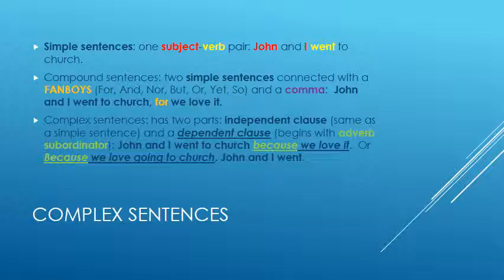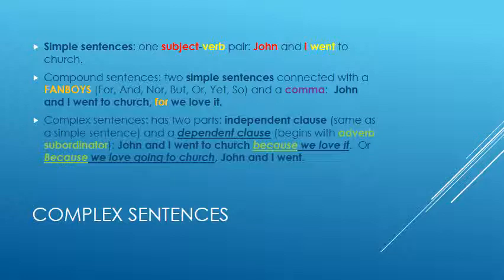We need the 2 simple sentences, we need the fanboys, and we need the comma. So if we look at our example, we have John and I went to church, for we love it. The 2 simple sentences are in black. John and I went to church, we love it. Okay, and then the fanboys is for, and then we have the comma there before the fanboys. Okay, we don't put it after the fanboys.